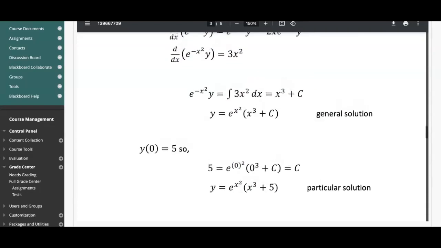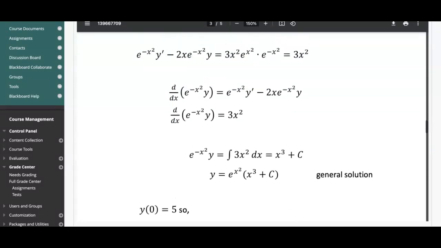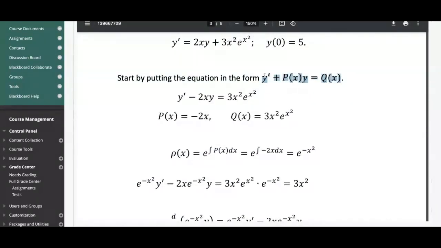Anyone has any question? So you could think of it as 4 steps, right? First step, put it in the right form: y prime plus P of x times y equals Q of x. Because in this case, we can identify P of x.